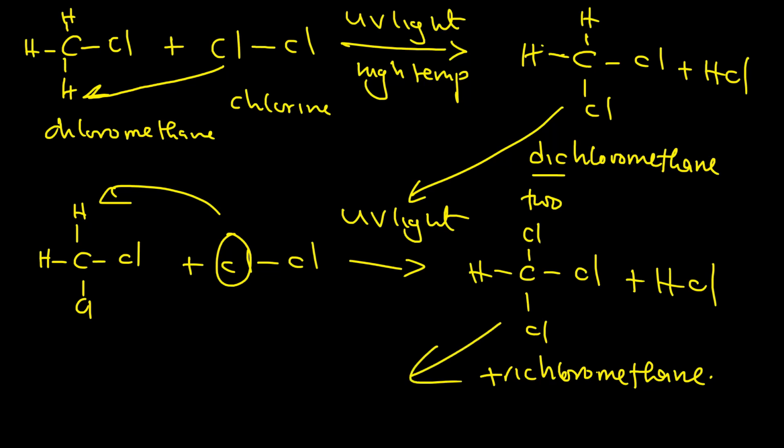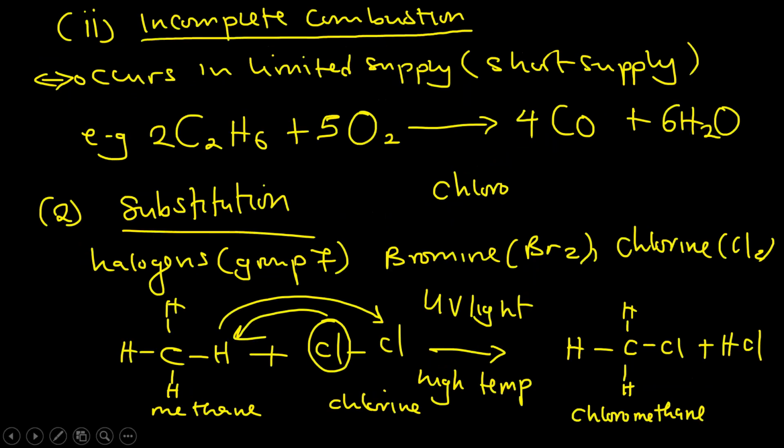If this trichloromethane, this time around, has all the hydrogens substituted, it becomes tetrachloromethane. So that is a substitution reaction. Now, it's not only chlorine, it can be bromine. In the case it was bromine, when it reacts it becomes bromo. So it was going to be bromomethane.